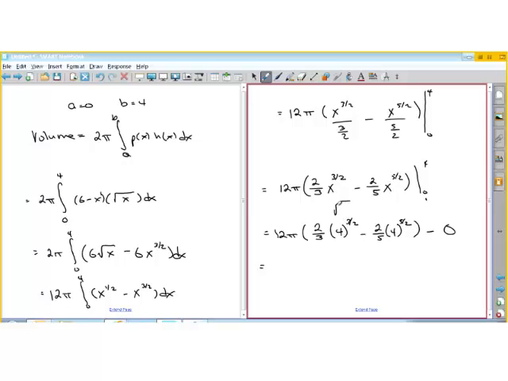So this is the same as the square root of 4, the whole thing cubed. And this one would be the 5th. So the square root of 4 is 2. 2 cubed is 8. So we'll get 2 times 3 times 8. And here we'll get 2 divided by 5 times 2 to the 5th power, which is 32.